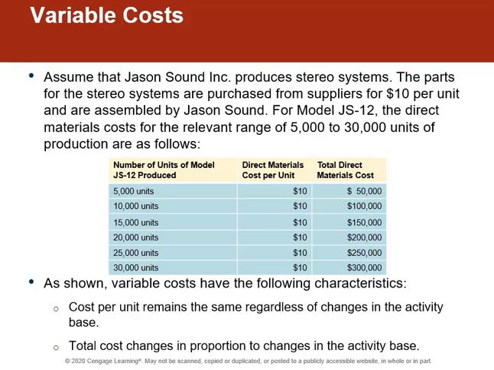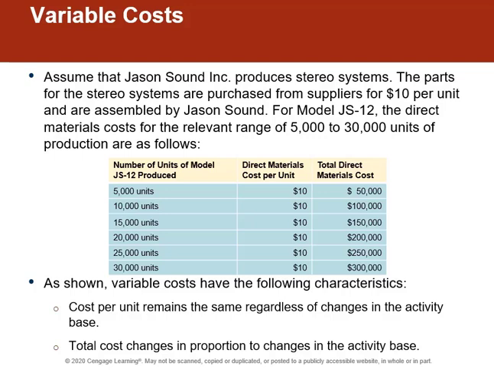So we would think, well, why might that change if we go outside the relevant range? Well, if they're producing 5,000 units, maybe they're getting some kind of discount or some preferred rate that they would not otherwise get if they were only producing 500 units or 1,000 units.